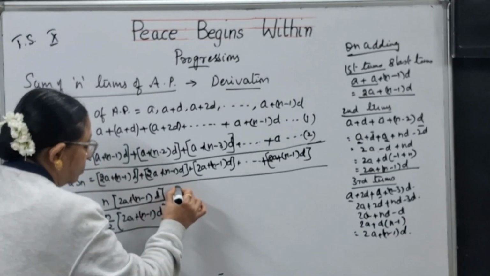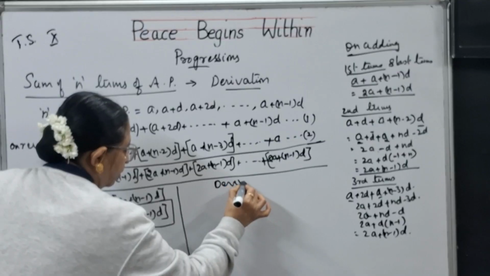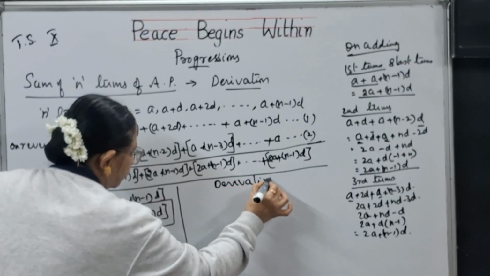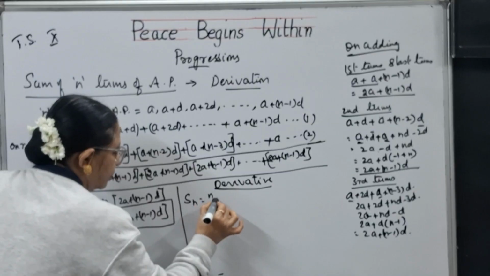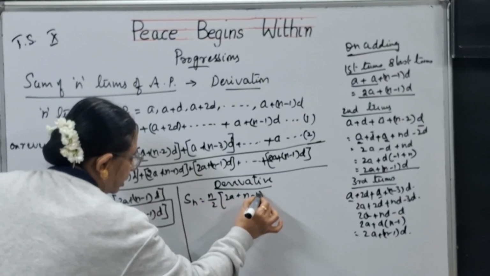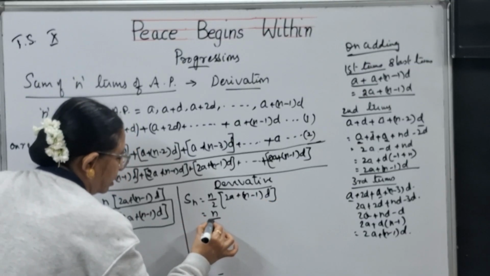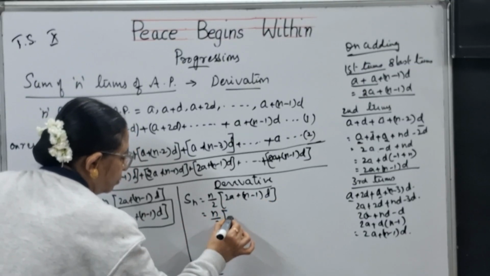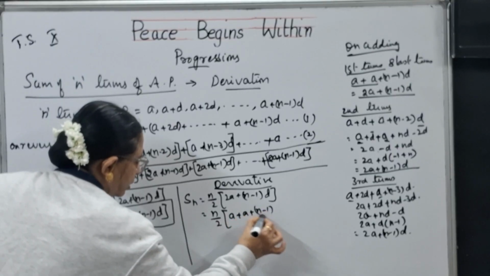Now, from this, I need to write a derivative also. What is the derivative of this formula? See, we know that sum to n terms is n by 2 into 2a plus (n minus 1) into d. This can also be written as n by 2 into, I will write 2a as a plus, a plus (n minus 1) into d.